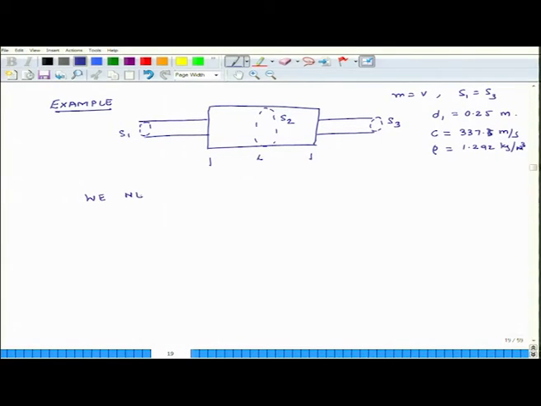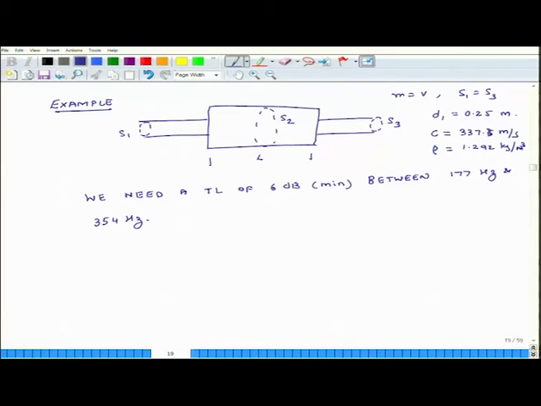So, here is the requirement: we need a transmission loss TL of 6 decibels minimum between 177 hertz and 354 hertz.